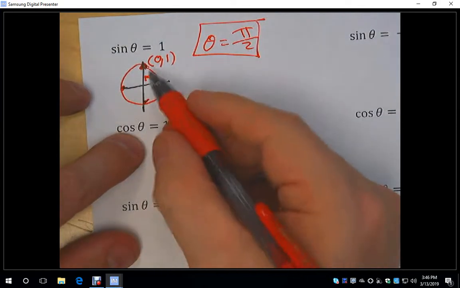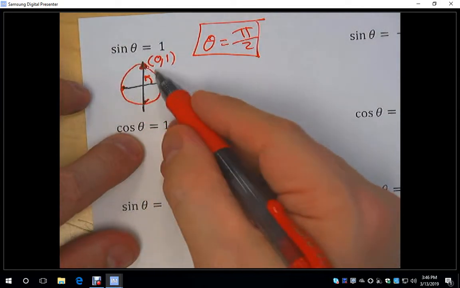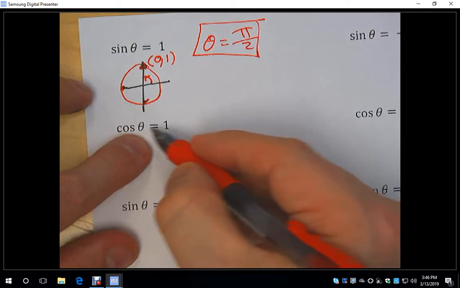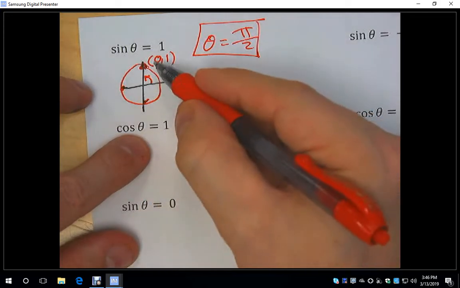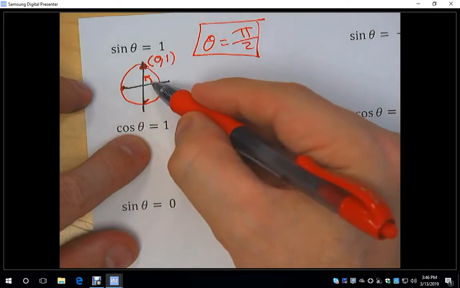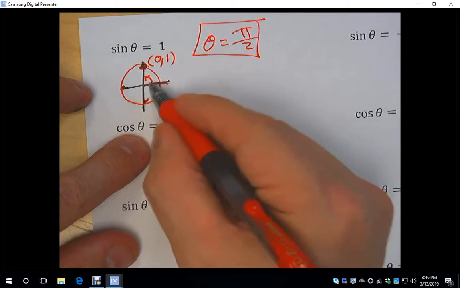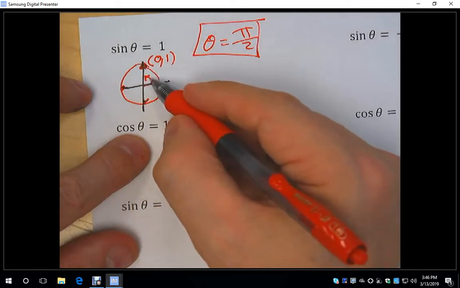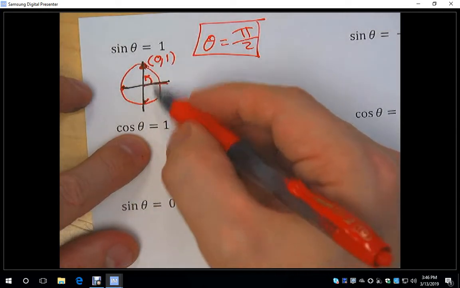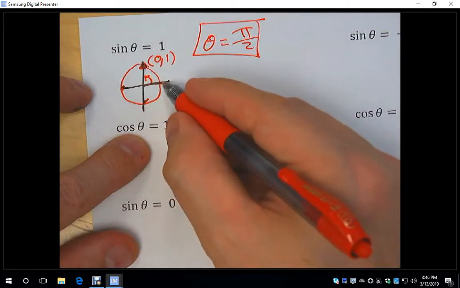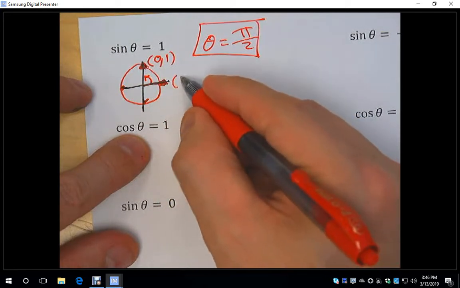Cosine theta, we can just look by inspection. When cosine theta equals 1, when our x equals 1, that is a rotation of 0 degrees, at the point 1, 0. If we do a 90-degree rotation, that gives me cosine theta equals 0.